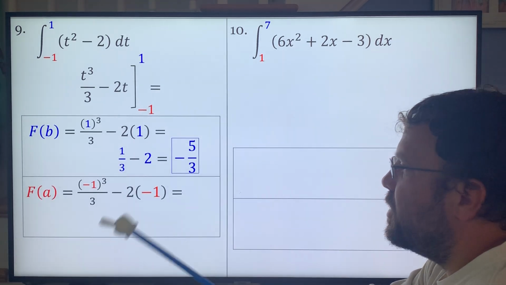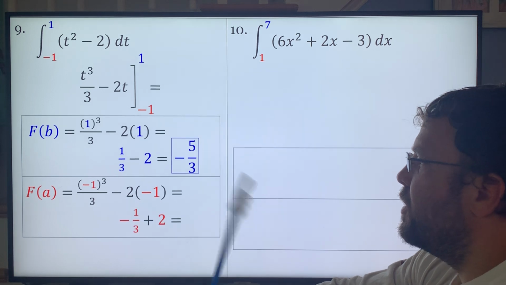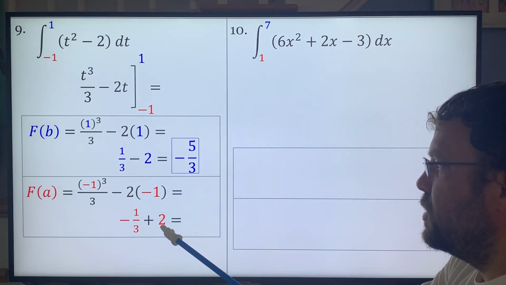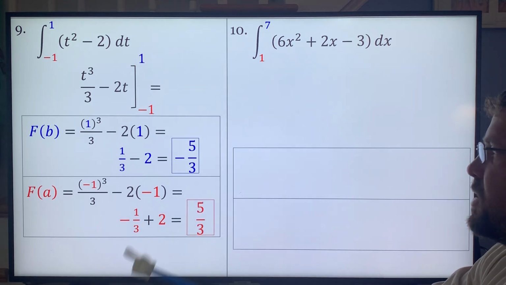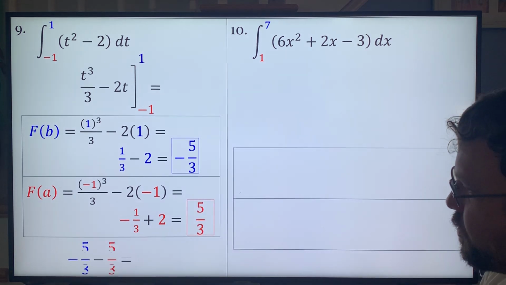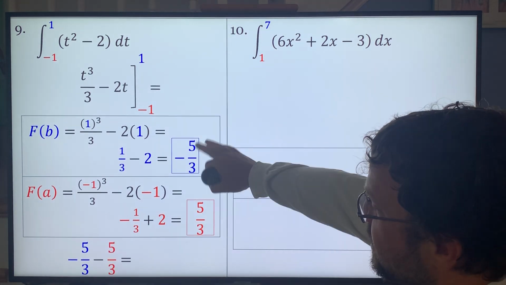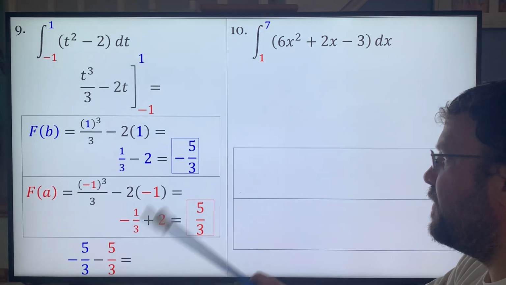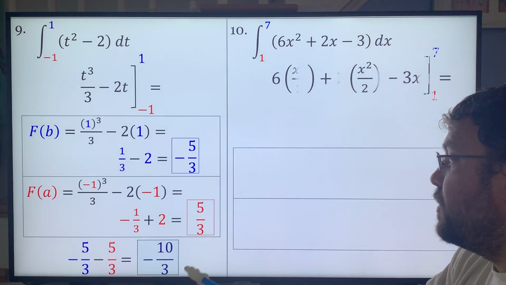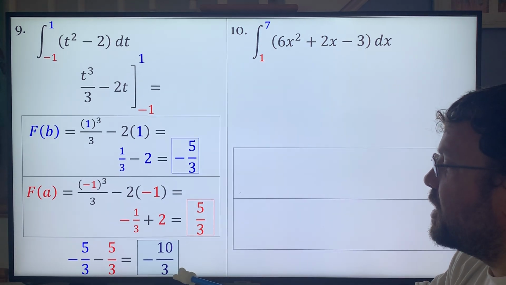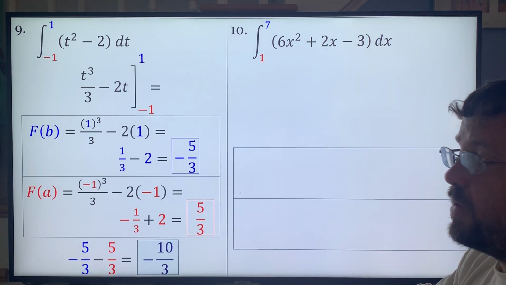Type in a negative 1. So this becomes negative 1/3 plus 2, so negative 1/3 plus 6 over 3, which is a positive 5/3. Now, the answer is not going to be 0 because you're not adding them. It's negative 5/3 minus 5/3, which is negative 10 over 3, which is negative 3 1/3, negative 3.3 repeating.